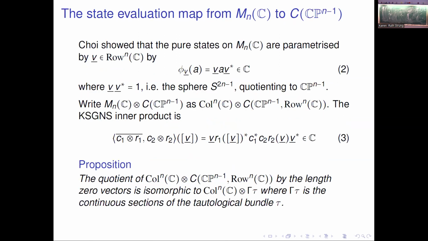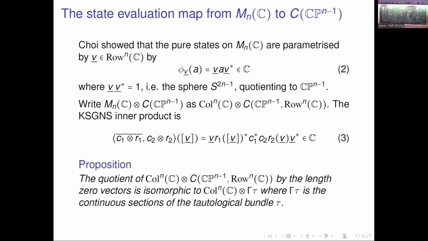So, we could have a little bit of fun with this and take a state evaluation map. Okay, matrices. Now, the pure states, the boundary of the convex set of all states. A state is just a complex valued positive map normalized so that phi of 1 is equal to 1. So the pure states on the matrices are essentially CP^(N-1).